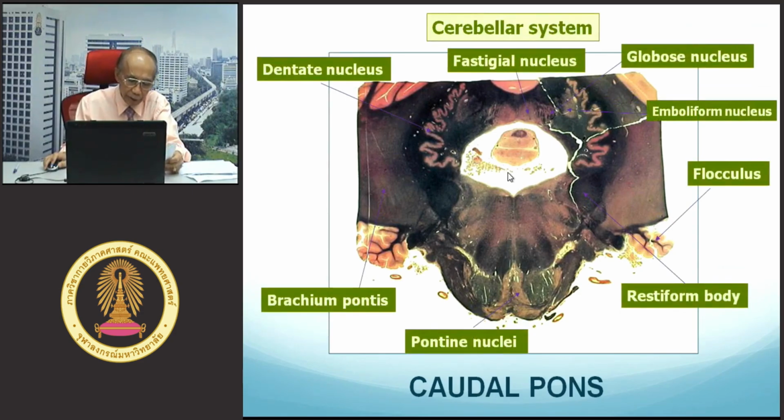The cerebellar system includes the restiform body, the brachium pontis, the pontine nuclei.